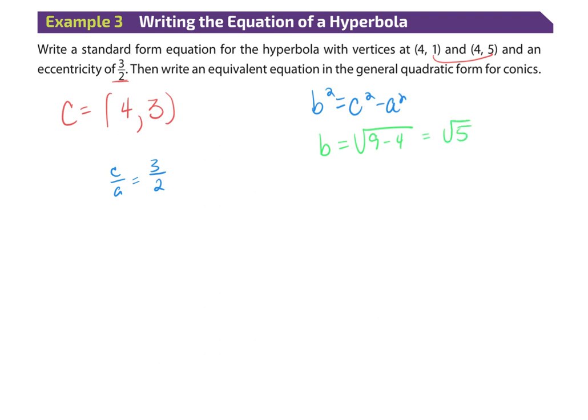Basically, once I have my center and my A and B, I can write the standard equation. That's literally all I need to find it. So I can go straight to my standard form. Since it opens on the y, my y is going to be positive. Again, you're free to start with x all the time and do x, y. Just make sure your negatives and positives follow. I will say most of your answers in here will put the positive first.